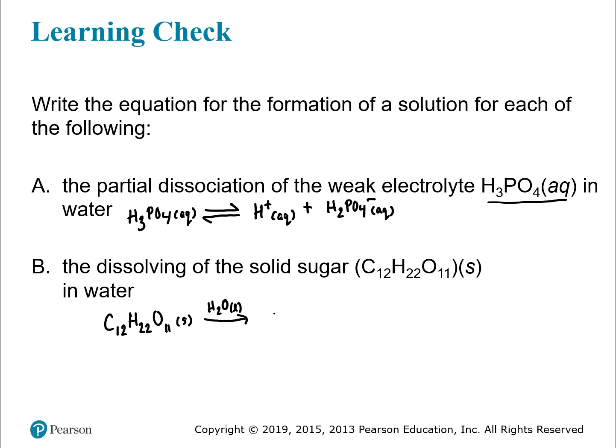We're not making any ions here because this is not an electrolyte. It's a non-electrolyte. So we just write AQ for aqueous after it. And that's it. We'll do some more practice with these in class.